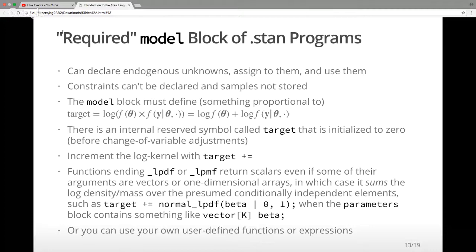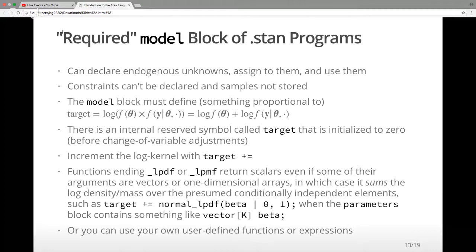Anyway, the essence of the model block is it needs to define something, or at least something within a constant of the posterior kernel, the numerator of Bayes' rule, possibly ignoring anything that's a constant. And that is assigned to this variable called target, which initially is initialized to 0, and you keep adding pieces to it.